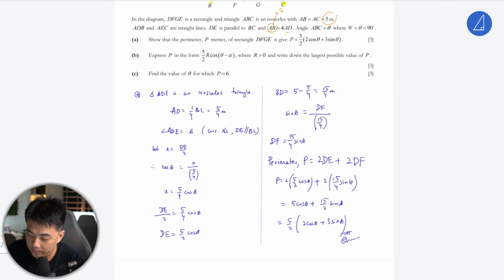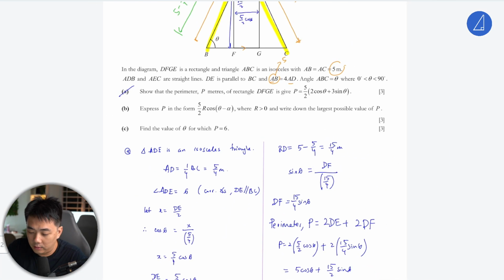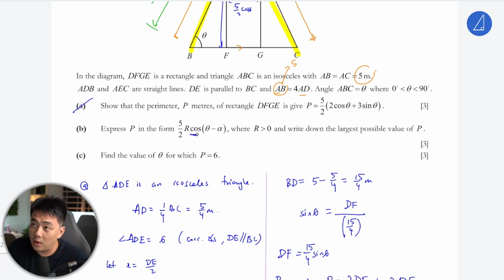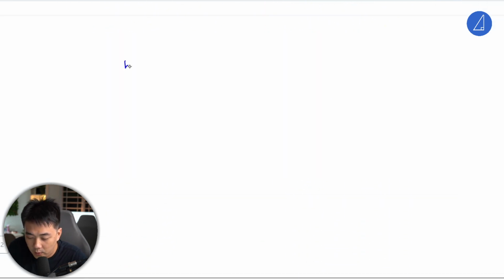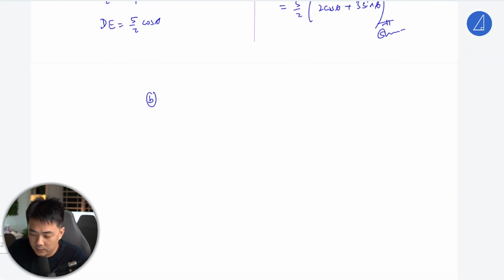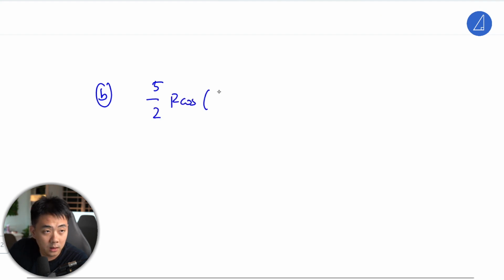So part 2 is the R formula. Now, just take note, if you are given cosine, just make sure the cosine is in front, right? So you could just use the formula if you want to, or you could derive it if you want to. But I think most of us would prefer using the formula, right? Okay, so 5 over 2 R cosine theta minus alpha.